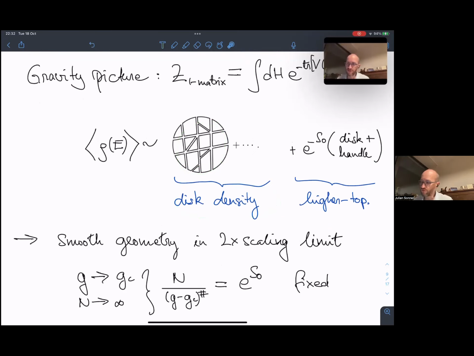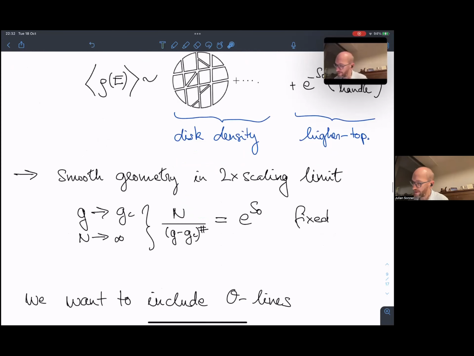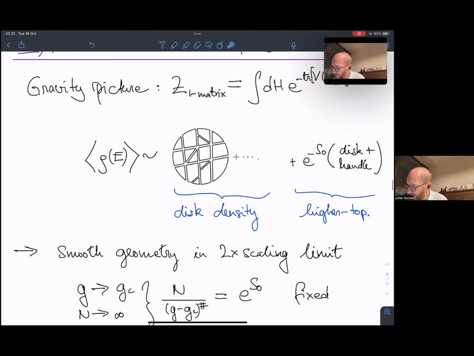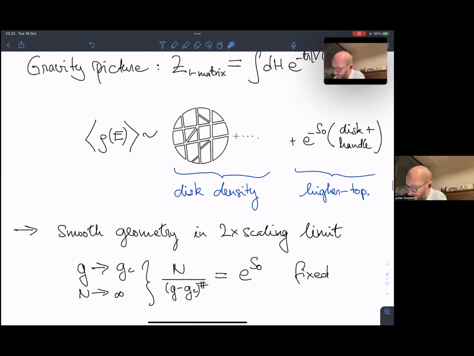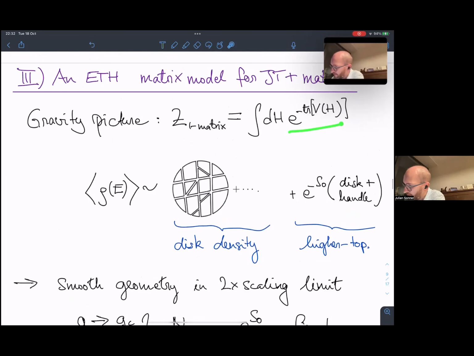So what you need to do to get two-dimensional gravity is take what's called a double scaling limit, in which you take the size of the matrix, N, to infinity, while at the same time tuning to a critical point of this potential, such that you get a proliferation of vertices and you end up with basically a smooth approximation to the geometry.